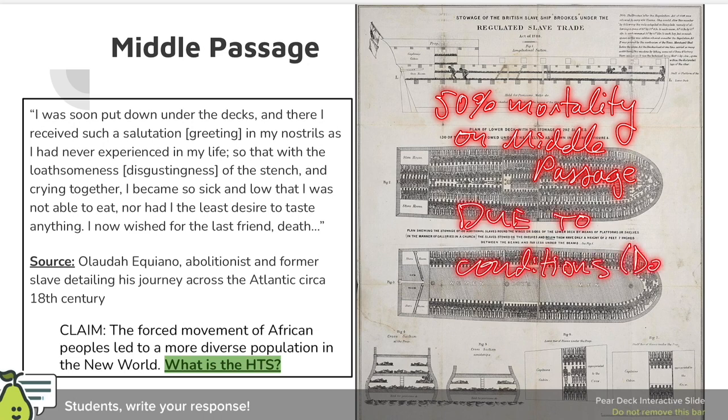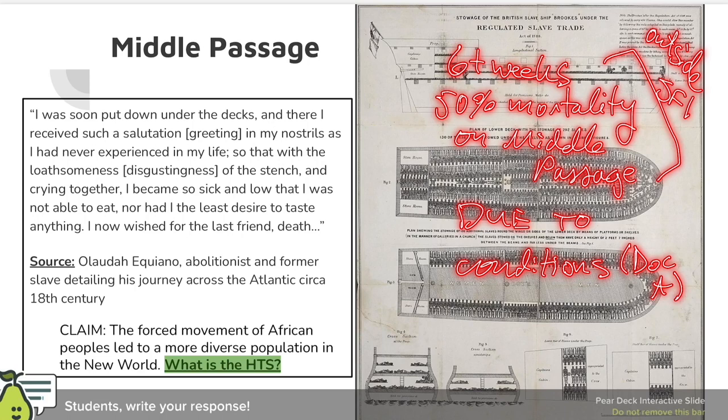That's going to lead to increased spread of disease. It's going to lead to unsanitary conditions that can impact health. And so that's going to be very inhumane. And we also know that sometimes this journey would take over a month to complete, 6 or more weeks to cross an entire ocean to make it to the New World, particularly Brazil and the Caribbean islands.